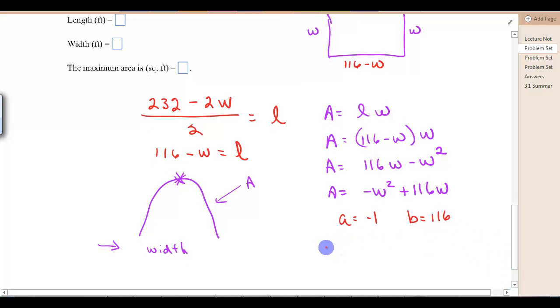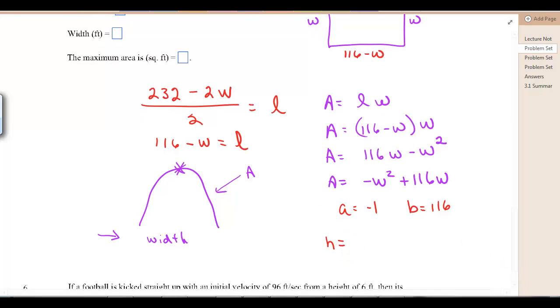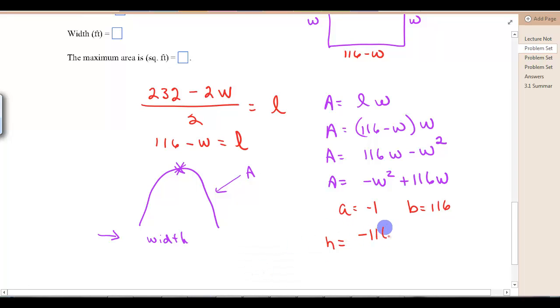So the h part of my vertex is negative 1/16 over 2 times negative 1, and that gives me 58.